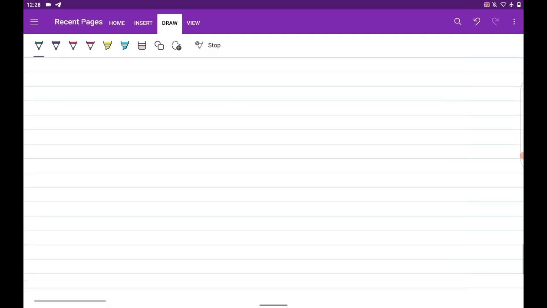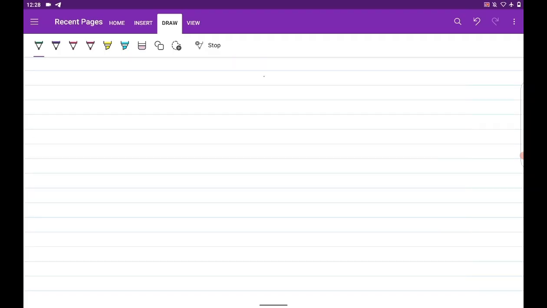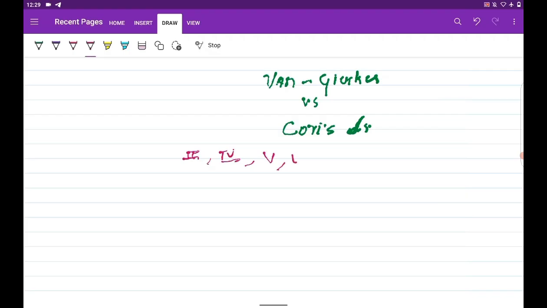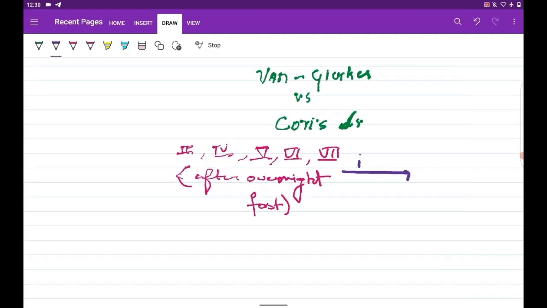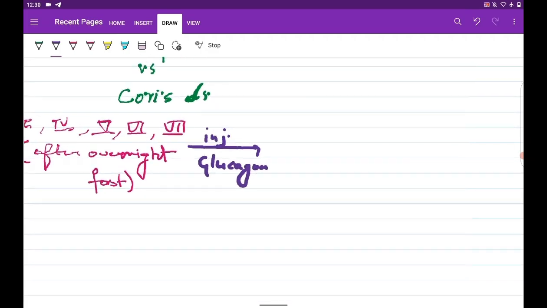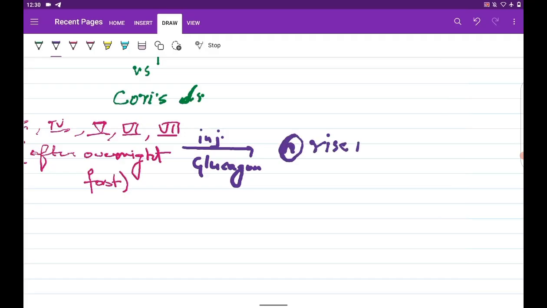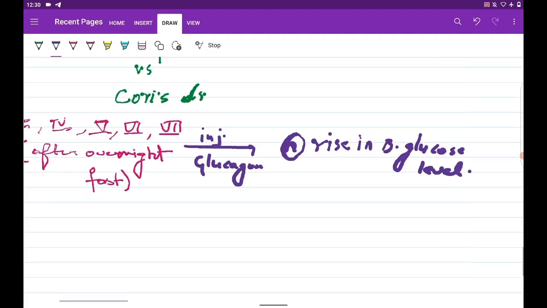Remember, this is mainly to differentiate between two diseases: type 1, that is von Gierke's, and type 3, which is Cori's disease. Even after an overnight fast, in any of the other glycogen storage diseases, like the 2nd, 4th, 5th, 6th or 7th, if we give an injection of glucagon there will be a normal rise in blood glucose level, because glucagon is an antagonist of insulin and promotes the catabolic pathways.